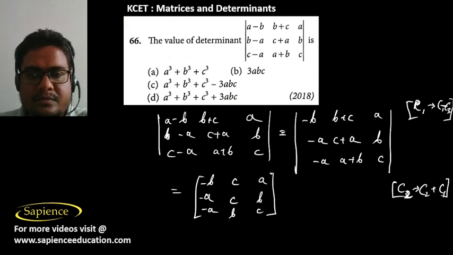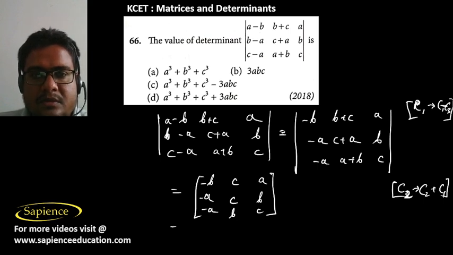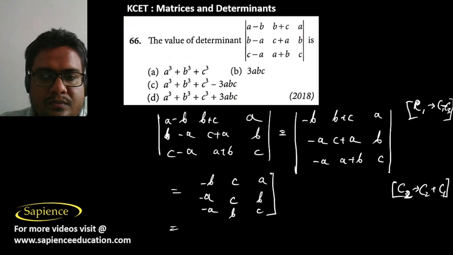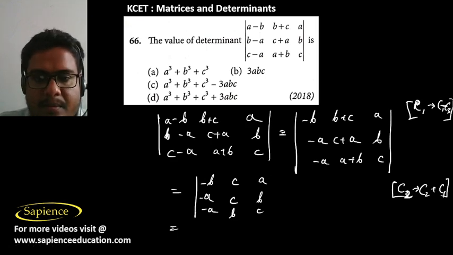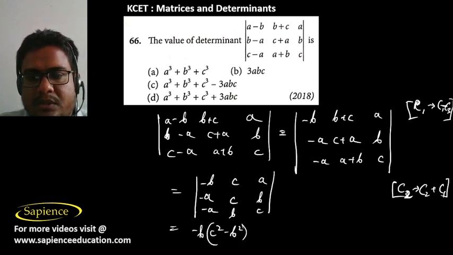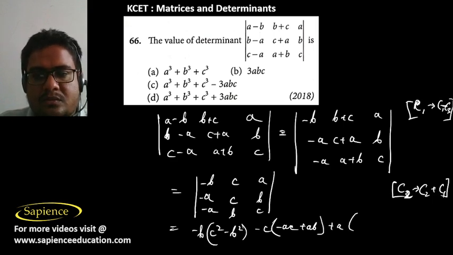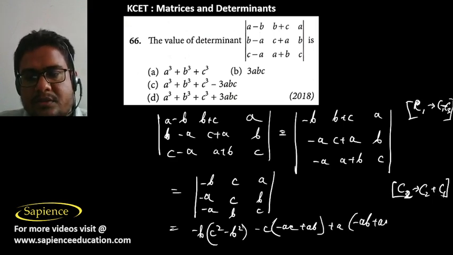Then if we expand this determinant along the first row, we'll have minus b into c square minus b square, minus c into minus ac plus ab, then plus a into minus ab plus ac.